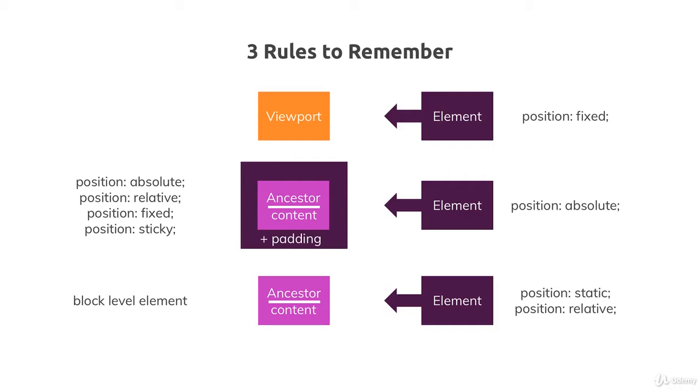This means that the percentage value depends on the containing block, which is the closest ancestor, which is a block level element. So that's the situation we have. In contrast to the starting situation we had right there, the ancestor now also has to be an element with position static or position relative applied.